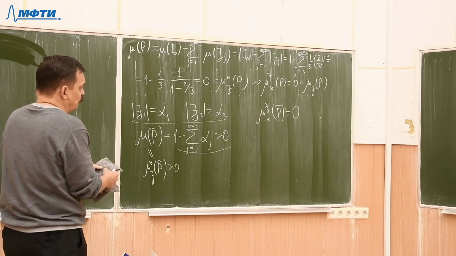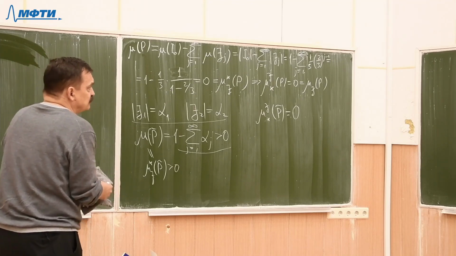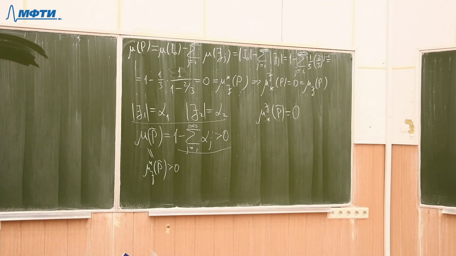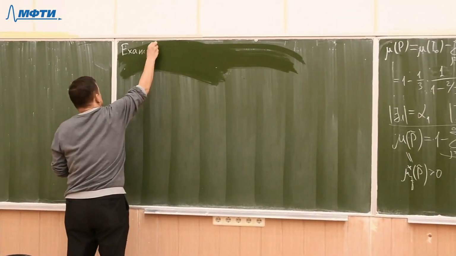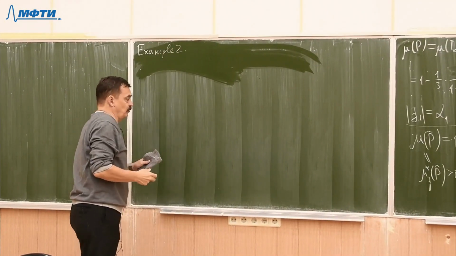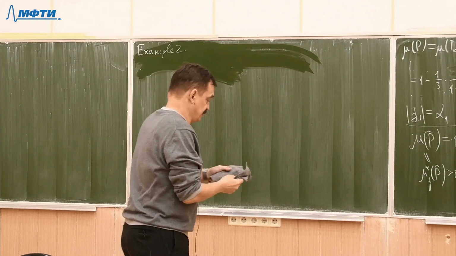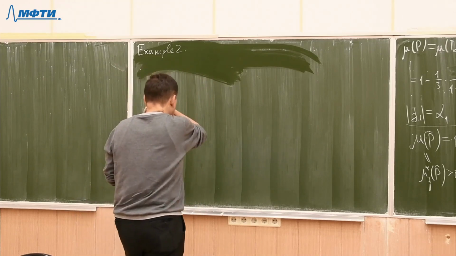We had one more example, the rational numbers. Rational numbers also form a non-measurable set in the Jordan sense. But now an example of a Lebesgue non-measurable set.